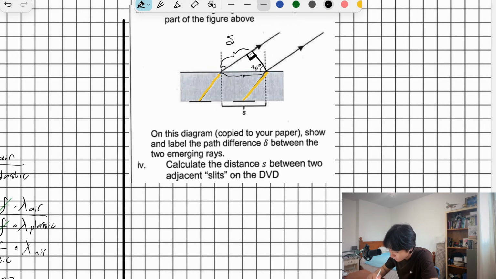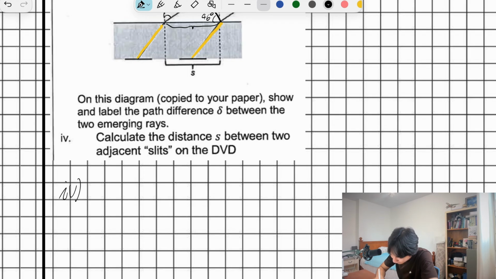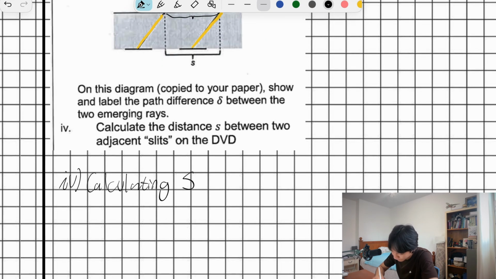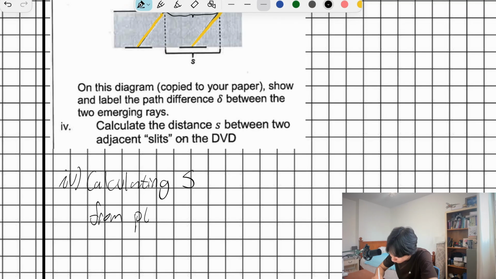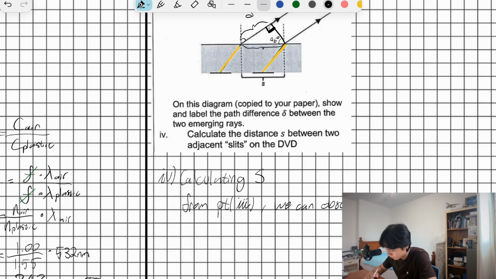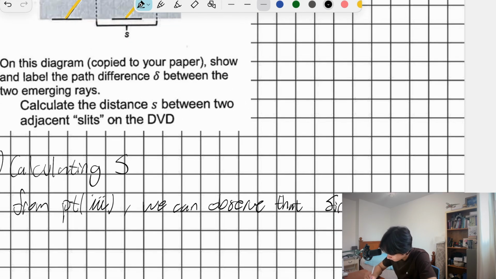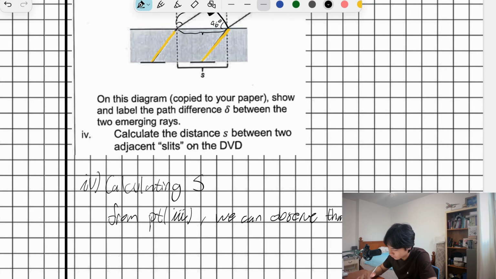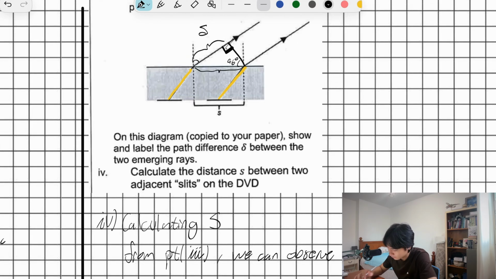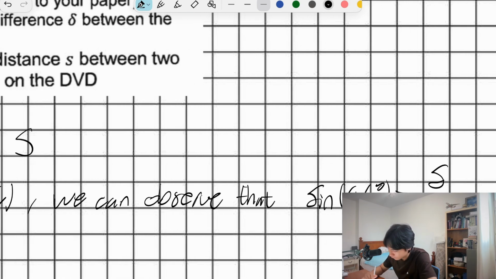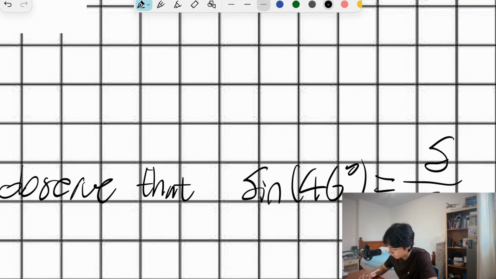Let's continue, part IV, calculating S. From part 3, we can observe that sine of 46 degrees is equal to, sine is opposite over hypotenuse, so it's going to be delta over S. That's what we're given.